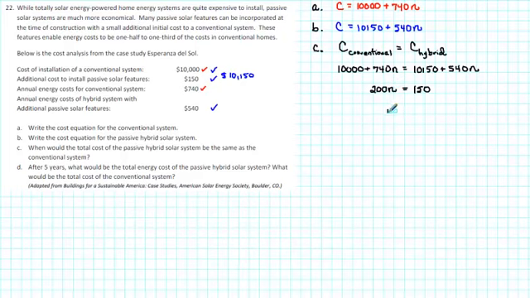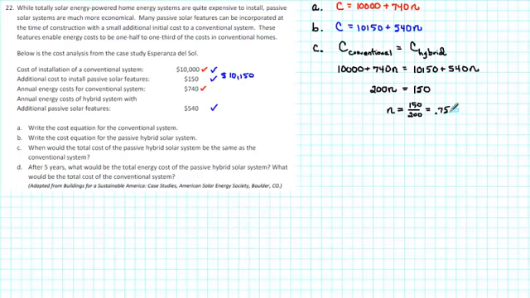Finally, divide both sides by 200, and we get 150 divided by 200, which is equal to 0.75.